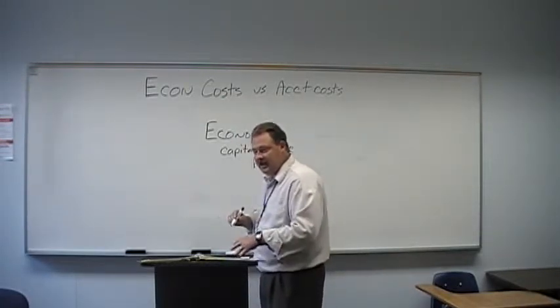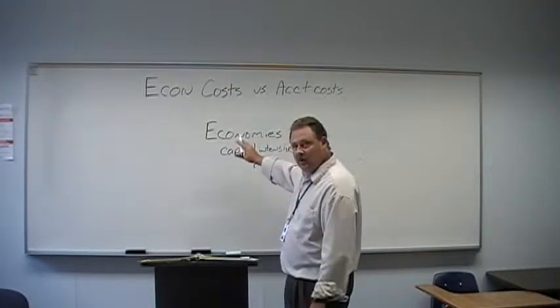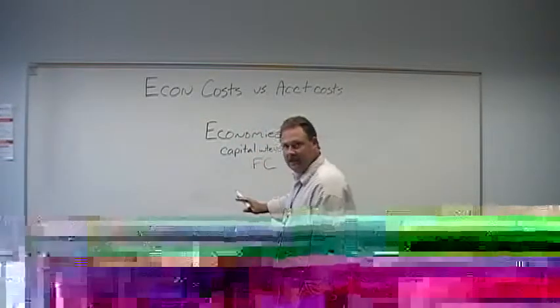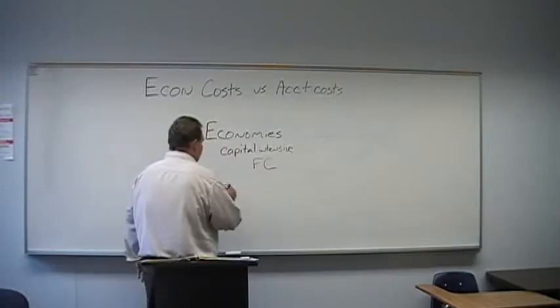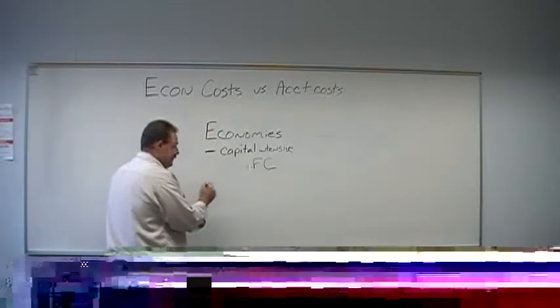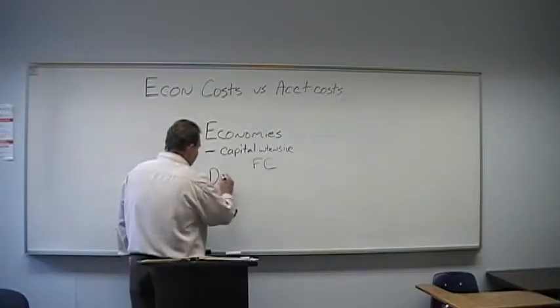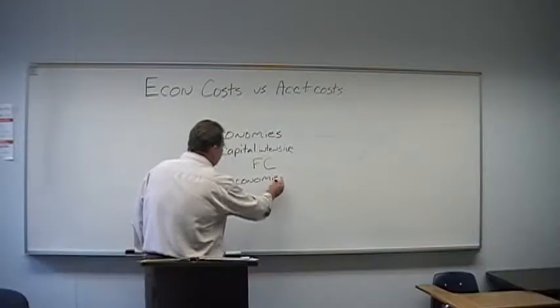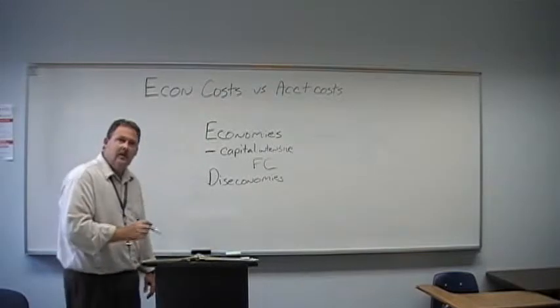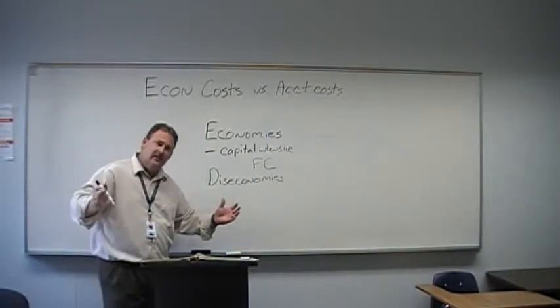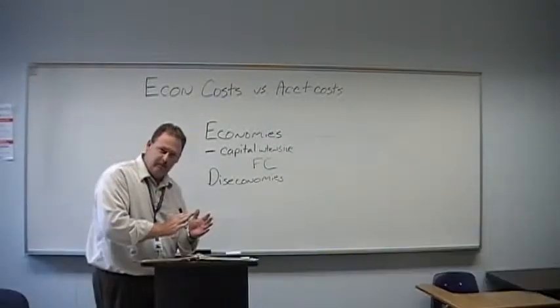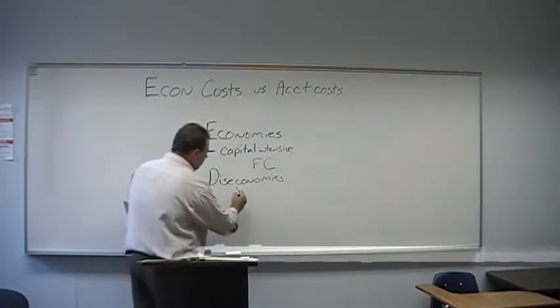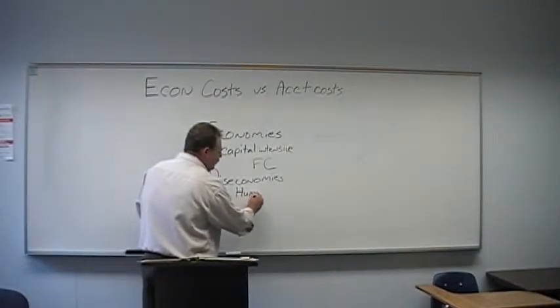Under economies of scale, it's actually broken into 3 different categories. First is economies of scale. Tends to be capital intensive. Then we have diseconomies. Diseconomies of scale mean that the larger that you get, the less efficient you become. These typically will happen in human intensive production.